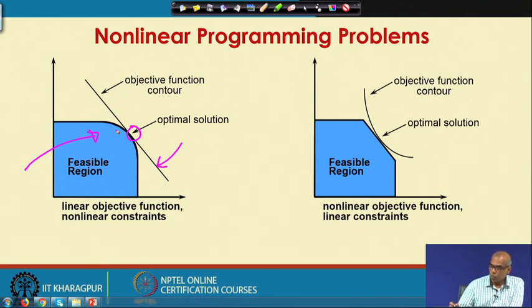Here what you see is that the constraints are all linear. So, the feasible region is constructed by the linear constraints and the objective function is nonlinear, and let us say this is the optimal solution.